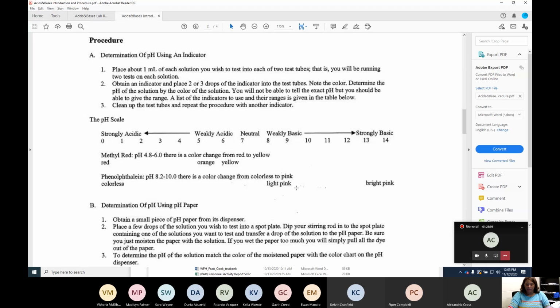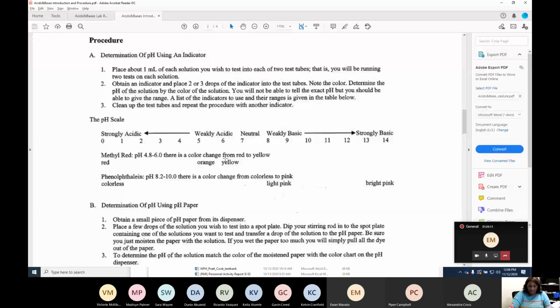If you get a pretty light pink, then you're between 8 and 10. So light pink with phenolphthalein means the pH of your substance is weakly basic, between 8 and 10. If you get a hot pink or a bright pink, then your pH is going to be between 10 and 14. It's going to be strongly basic. Okay. Does that give you a better explanation of the indicators?